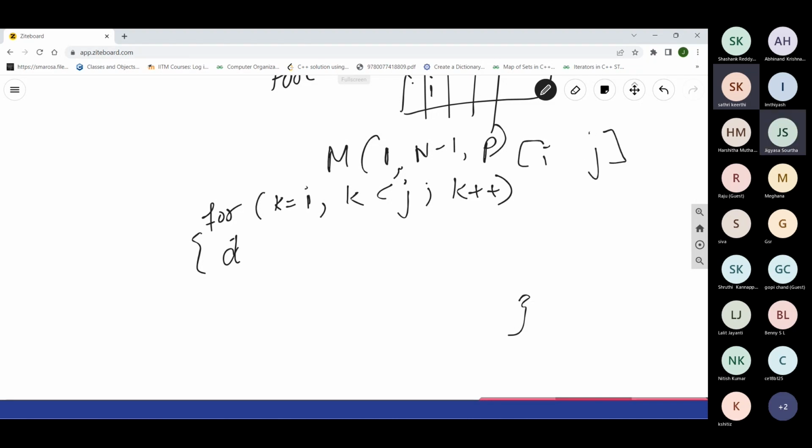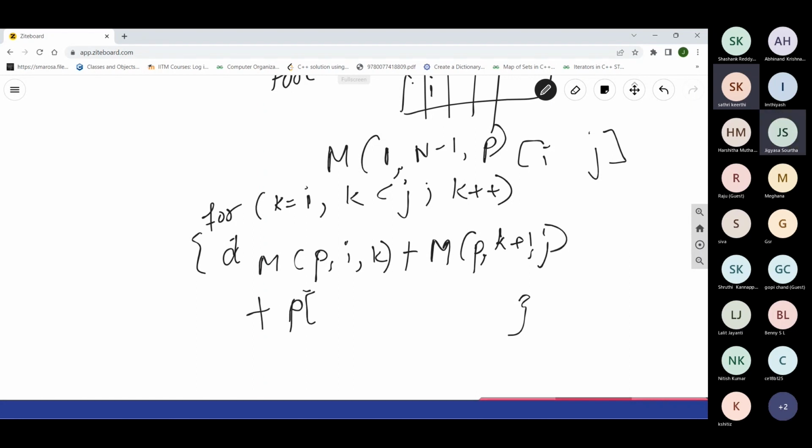That will be the cost of multiplying p I to k, plus the cost of multiplying p k plus 1 to j, and the cost of multiplication of these two resulting matrices. That will be p of I minus 1 into p of k into p of j.